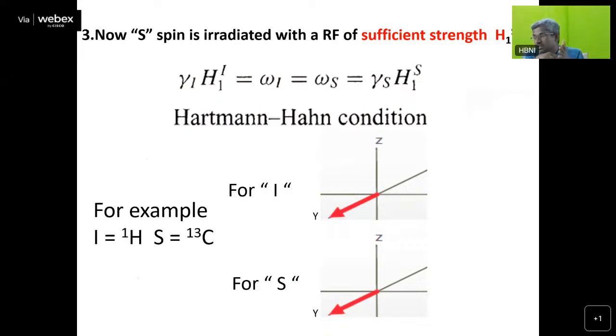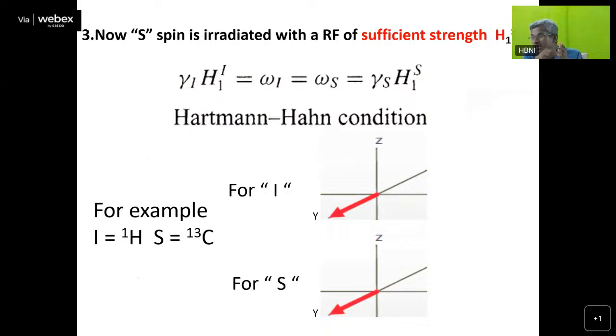For example, in our system we have a 400 megahertz machine. This 400 megahertz is for the proton nucleus. For carbon 13, it comes around 100 megahertz. So the carrier frequency of proton is 400 megahertz and the carrier frequency of carbon 13 is 100 megahertz. We take the pulse and modulate the carrier frequency with it.